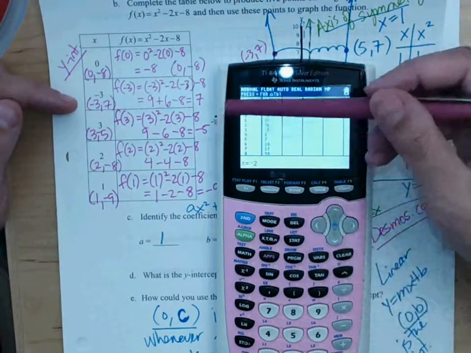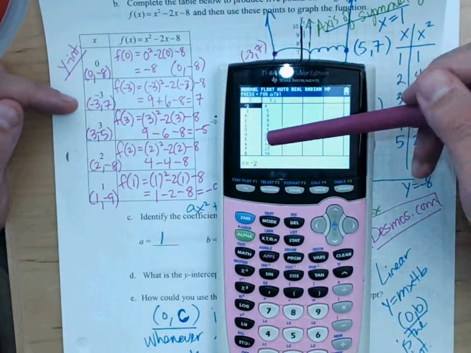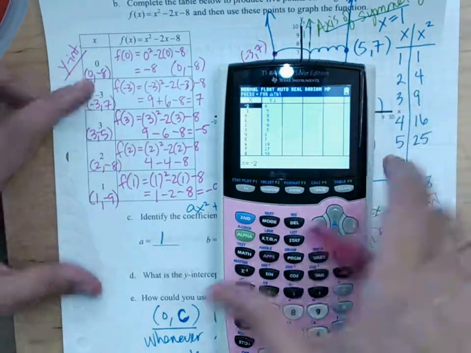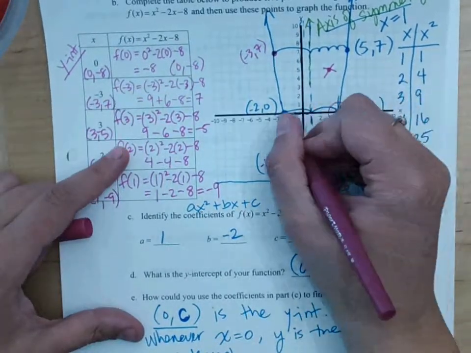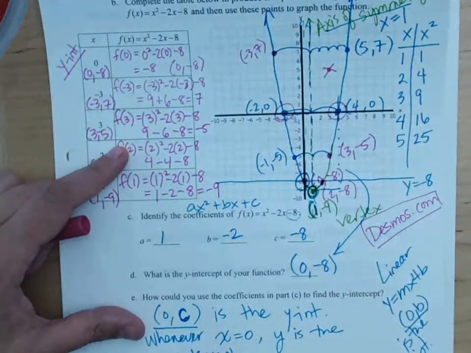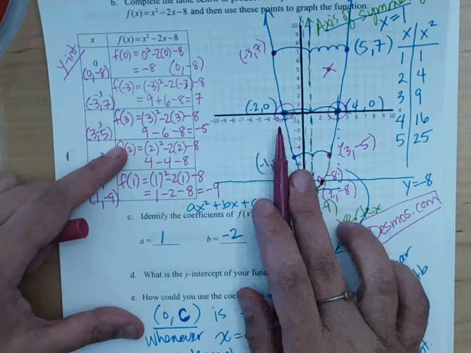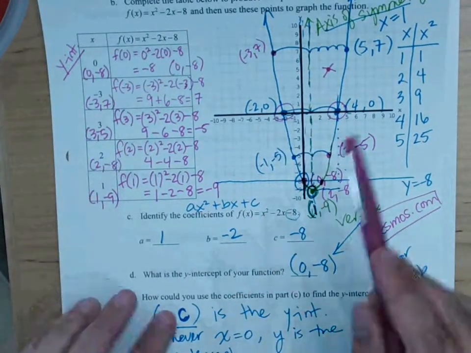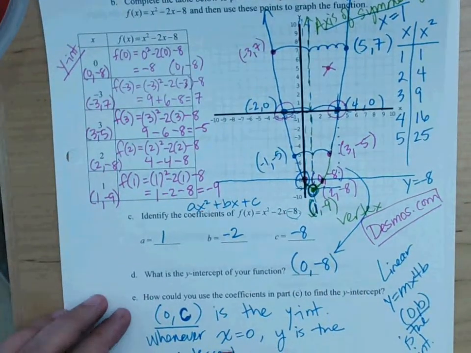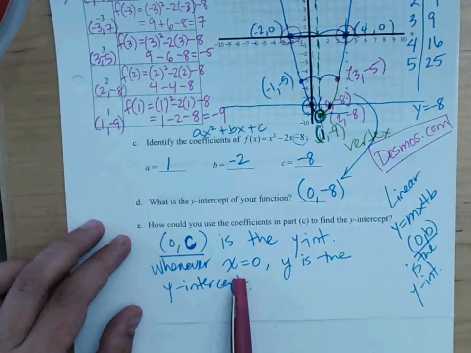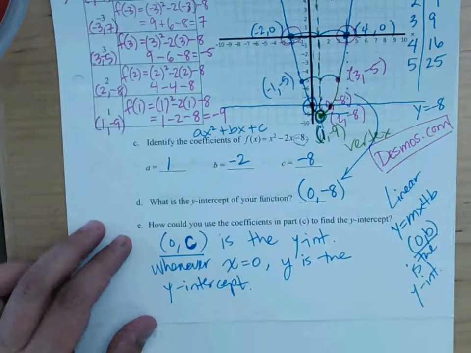Up here's the point negative 2, 0. Here's the point 4, 0. Whenever y is 0, where does that point live? On the x-axis. So the x-intercepts have the coordinate y equals 0, whereas the y-intercept always has the coordinate x equals 0. Okay, so let's move on.